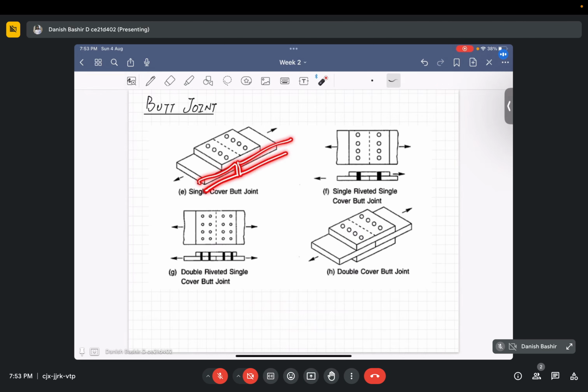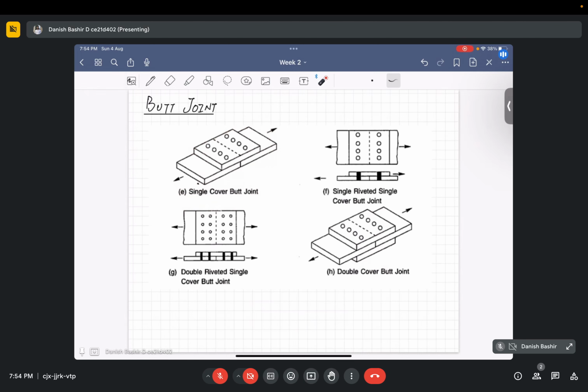Another additional plate or plates are provided on either one side or on both sides, like this side and this side, and then the rivets are placed. If the cover plate is placed on only one side, we call it a single cover butt joint. Okay, this is important.